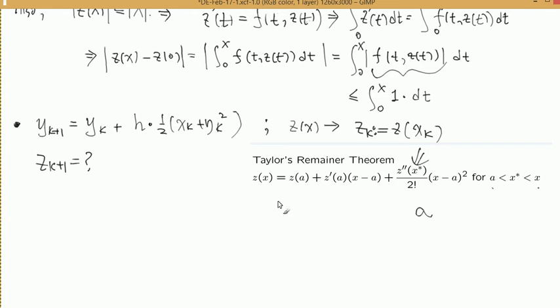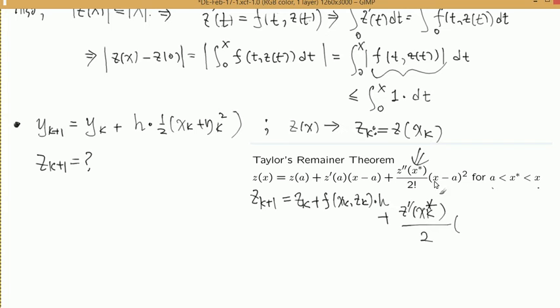So if you plug in x_{k+1} here, then that becomes z_{k+1}. And if you plug in x_k for a, then it's z_k, and z prime of x_k, and that is equal to f of x_k, z_k in there, plus z double prime of x_k star, probably the right notation, divided by 2, and if I plug in, I forgot h in there, that's h.